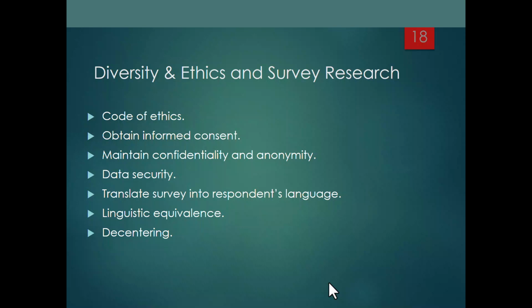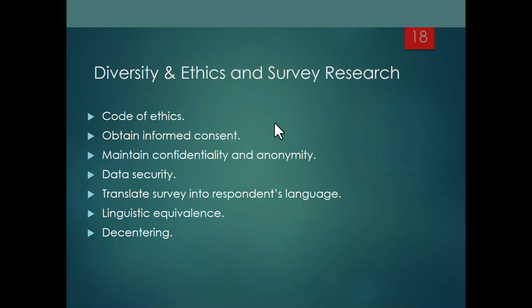Assent from a child or an adolescent and informed consent from parents or guardians are also needed if you're surveying minors. If the interview is recorded, the respondent must be informed beforehand. So if you're planning on recording it, you need to make sure that people know that ahead of time. Do not record without letting them know they're being recorded.